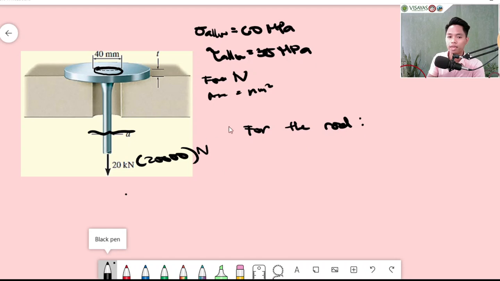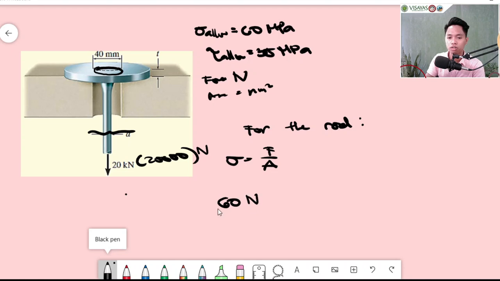For the rod, we have your area, right? Para dili mo maglibog sa daghan formula. Ang ira naman diha is sigma is equal to force over area. Stress is equal to force over area. Manipulate na lang ka diha. Alright? Diha ra maghapon na tanan sila. Okay? So, sigma is equal to force over area. What is our allowable sigma? That's 60 MPa.